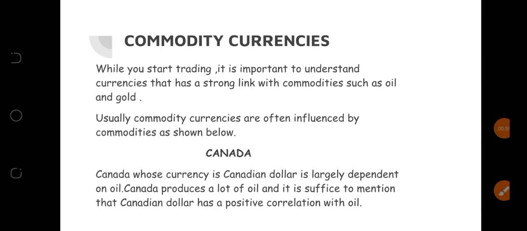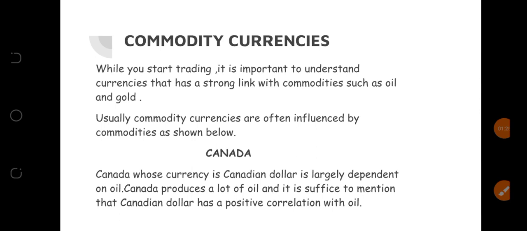Other than that, the strength or value of a currency is directly proportional to the performance of an economy. If an economy is doing well, it is also reflected in the currency. A strong economy will also mean that the currency will be strong.